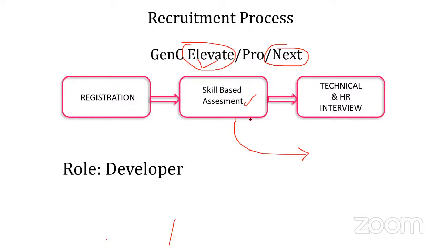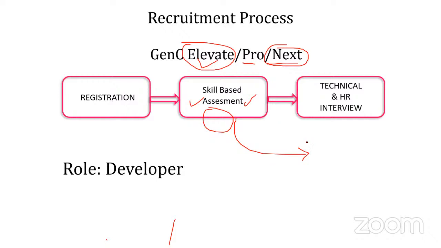One thing to note over here is, suppose you are rejected in any round of Cognizant, that may be GenC Elevate, GenC Pro, or GenC Next, then you are not allowed to appear for Cognizant again. Even if you are rejected from the aptitude test or the written test of the skill based assessment, it is allowed. You can appear once again after a couple of days when they announce the off campus drive.